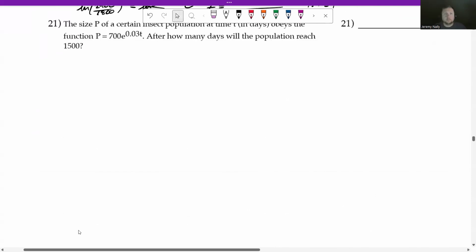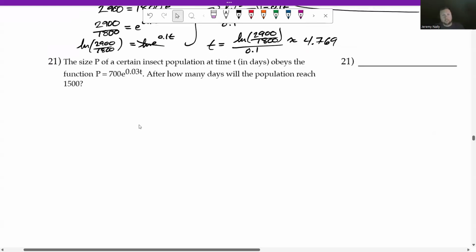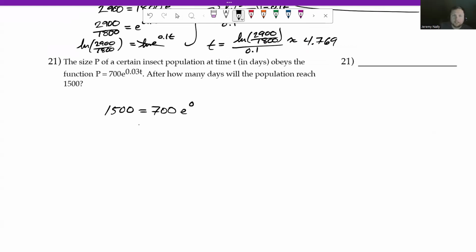The size P of a certain insect population at time t in days obeys the function P equals 700 times e to the 0.03t. After how many days will the population reach 1,500? So they're telling us that 1,500 is equal to 700 times e to the 0.03t, and then we're just going to solve this for t.